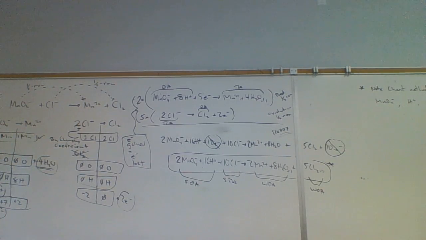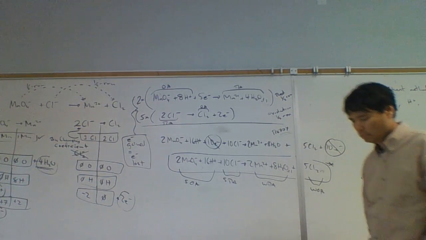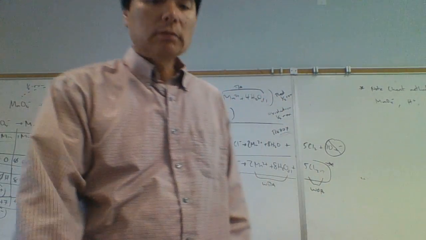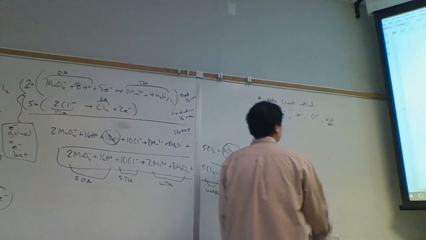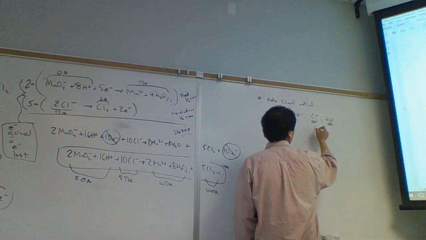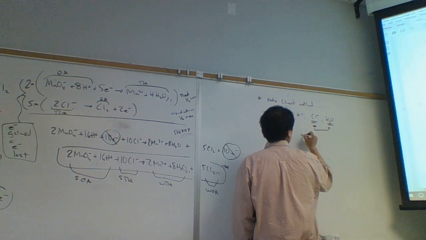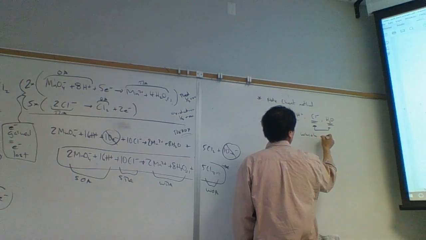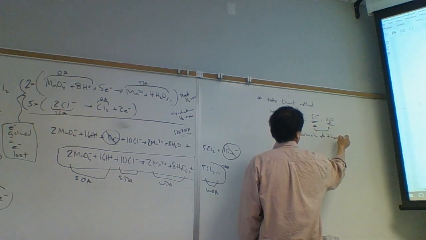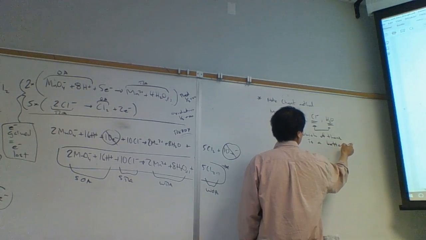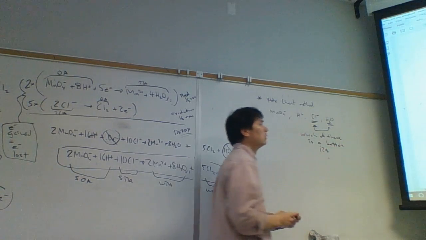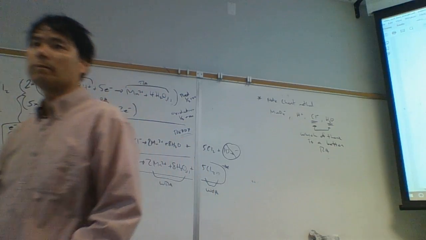There would also be water present. The chart method would have made a different prediction, and that has to do with chloride versus water. Which of these is a better reducing agent, chloride or water?